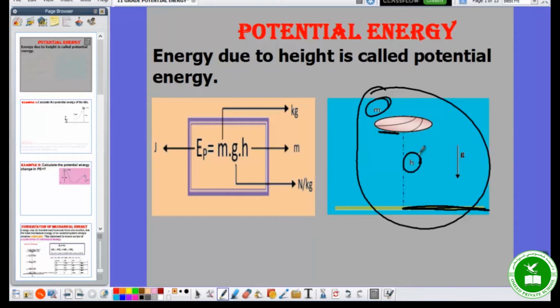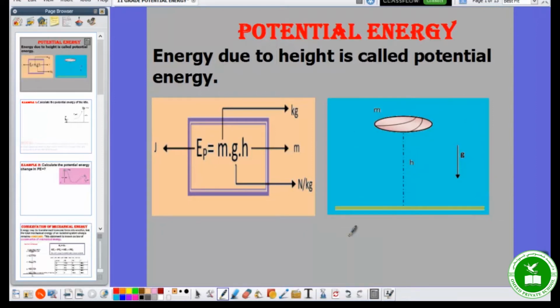At this height it has some potential energy according to this level. So if height is more, potential energy will be more. If height is less, potential energy will be less. Height increase, potential energy increase. Height decrease, potential energy decrease.